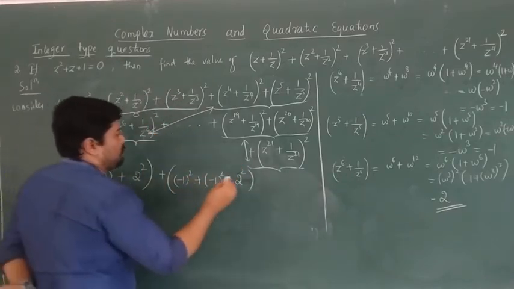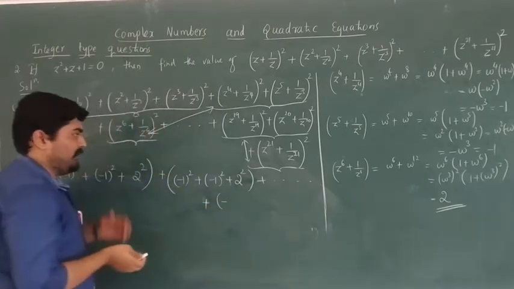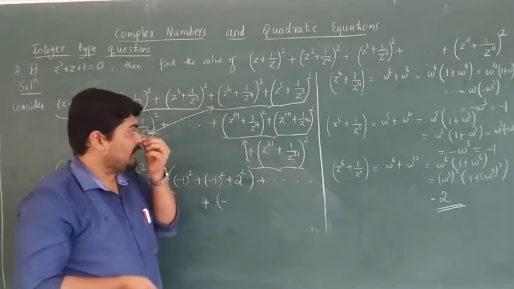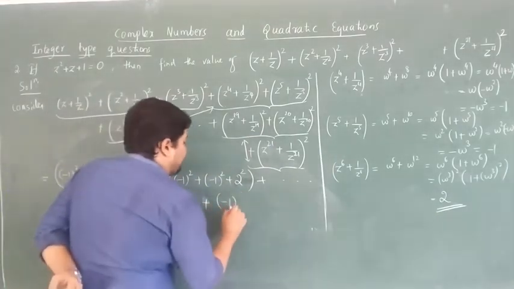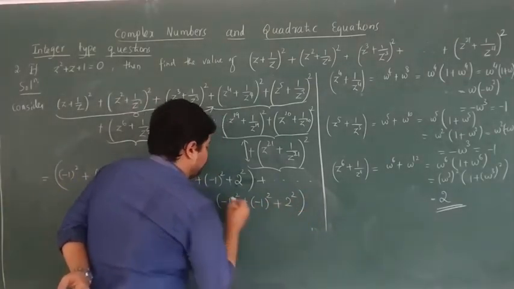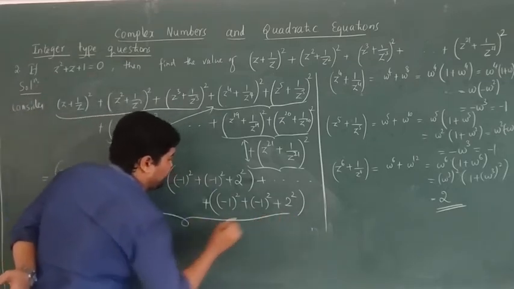And the same pattern repeats how many times? 21 terms must be divided into groups of 3 terms. That means 7 times we are supposed to repeat the same term. Isn't it? These terms are repeated how many times? 7 times.